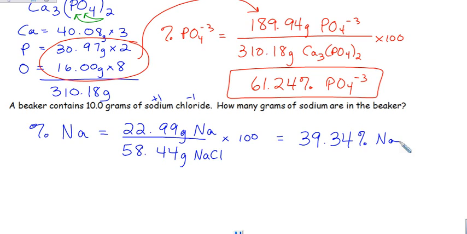If it is always a 1-to-1 ratio of sodium to chlorine, then this percent will always be the same. Any sample of sodium chloride is 39% sodium by mass. True of any sample. Constant composition. The law of definite composition. So now watch, here's what we can do. I have 10 grams of sodium chloride. I have a 10-gram sample.